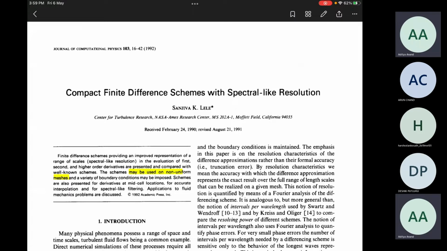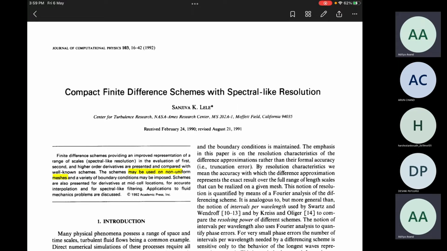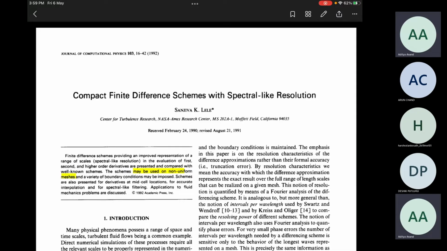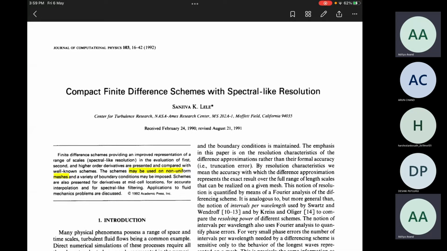Okay, so these are compact finite difference schemes with spectral-like resolutions. When we approximate using finite difference schemes, there are some truncation errors. Those error terms that are left out when we approximate are called the truncation errors, and because of that, there are some wave numbers which we cannot resolve, and as a result our schemes are not as accurate as spectral differentiation would be.